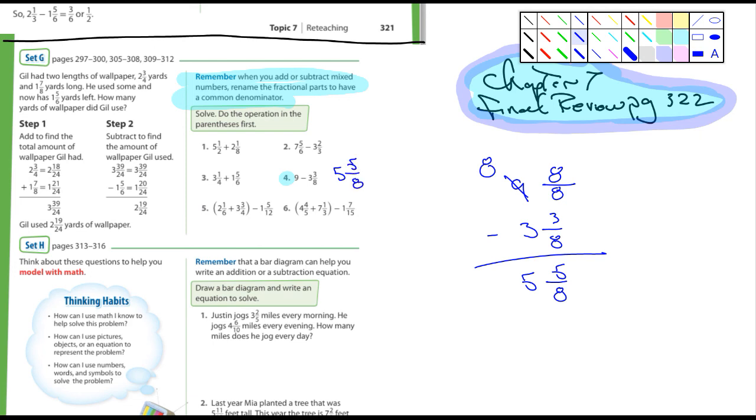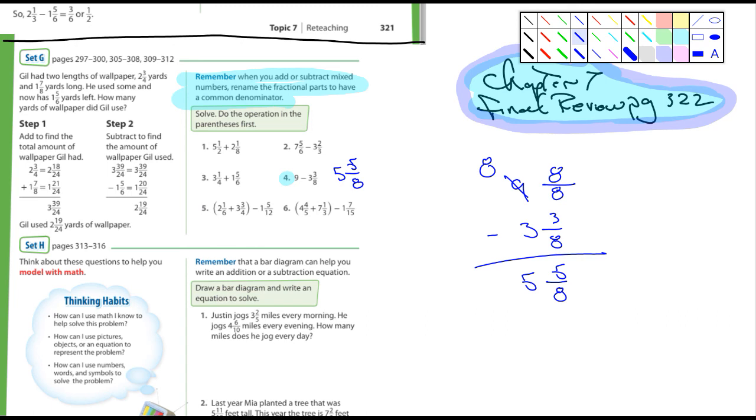Just wanted you guys to see how that's done. We've done a few problems like that, but when you have a whole number and you're subtracting a mixed number from it, you sometimes have to borrow from the whole number and add the 1 as a fraction, so you can do the subtraction.